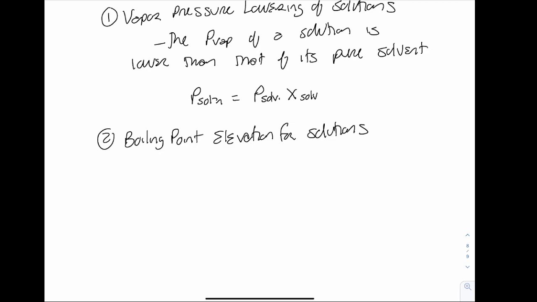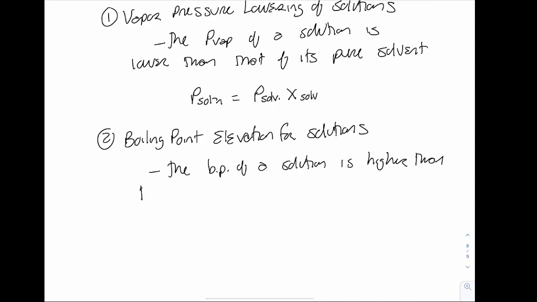So salt water has a higher boiling point than pure water does. So the boiling point, BP, of a solution is elevated, so it is higher than that of the pure solvent.